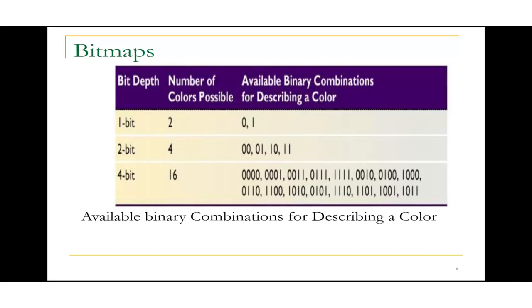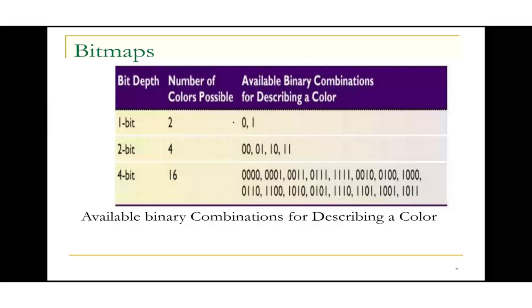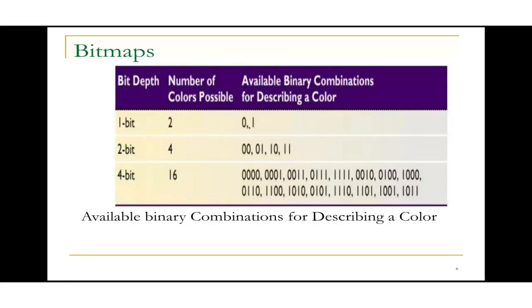And so you can decide that you will use one bit, like in this case, which can only give you 2 colors. That's a problem. You cannot show more than 2 colors. And normally this one is used for black and white.